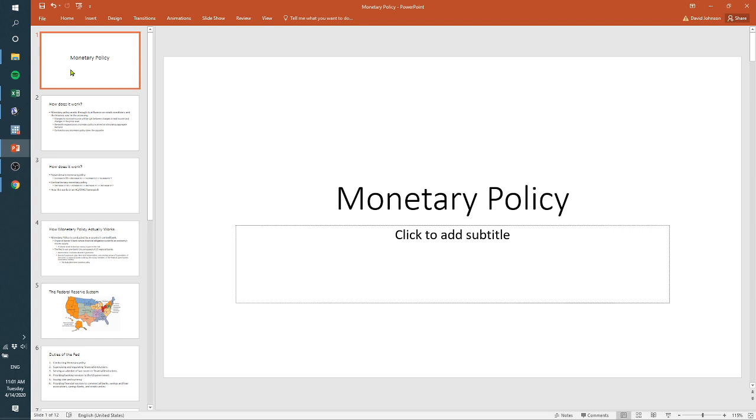Before we go into detail about expansionary and contractionary monetary policy, I think it's a good idea to first have an idea of how a country's central bank, unlike your local banks, ends up creating money.